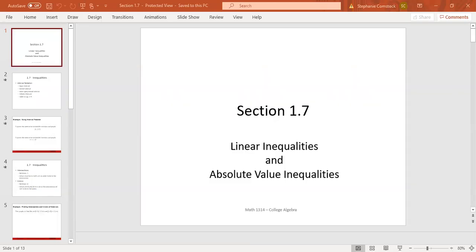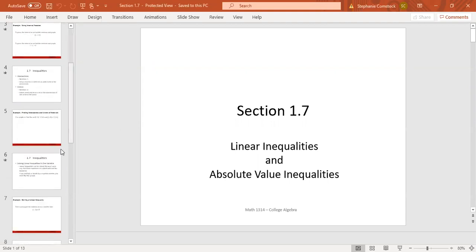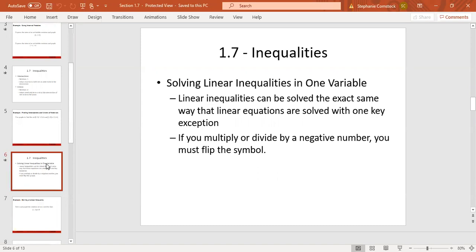Okay, so for this section, we're going to look at section 1.7, but we're going to talk about linear inequalities for this one. Linear inequalities are solved the exact same way that you would solve a linear equation, meaning you can add to both sides, subtract from both sides, multiply both sides, divide both sides to try and get x or the variable isolated.